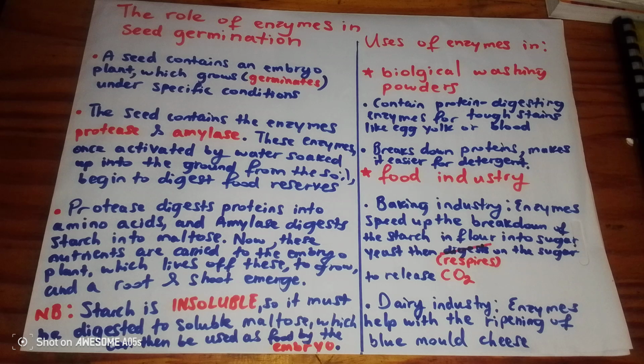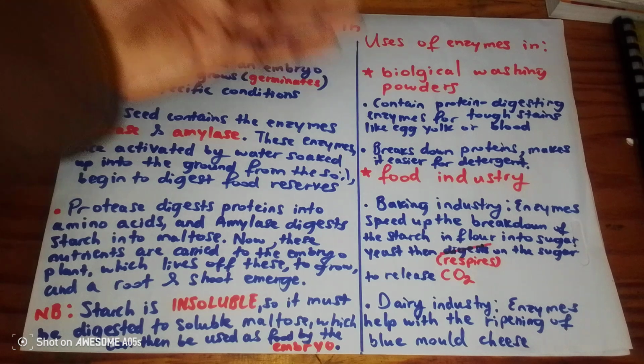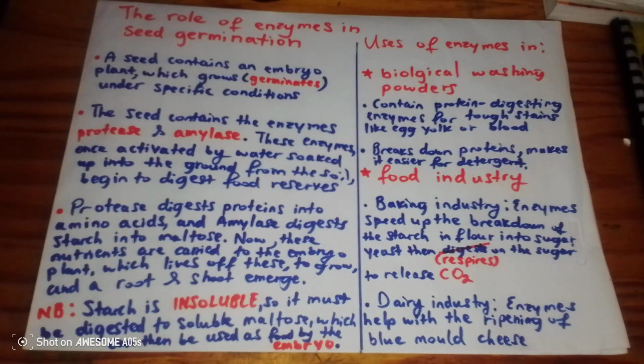Now, these protein digesting enzymes inside the biological washing powder will break down the proteins, making it easier for detergents to wash away the stain. Why? Because the proteins are broken down into smaller molecules which are not colored, which we can't see, and therefore can be washed away easily with the detergent.